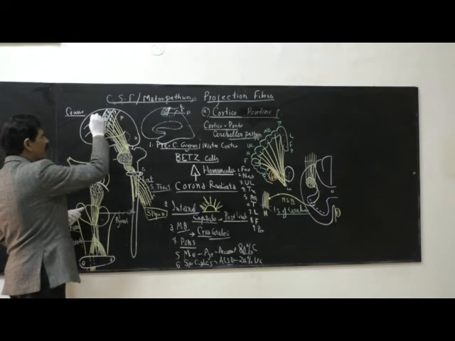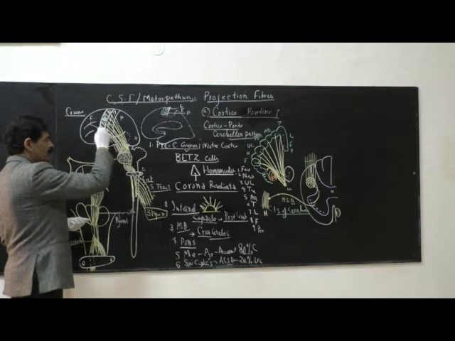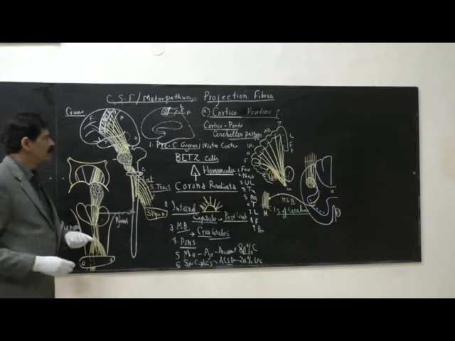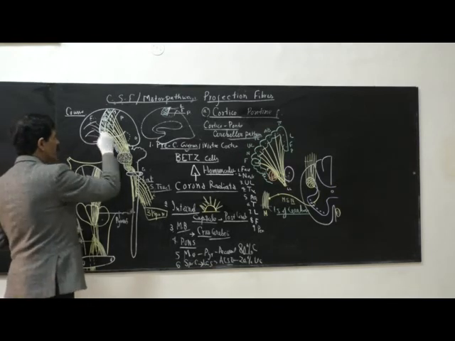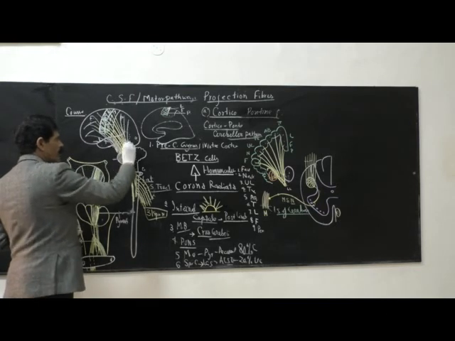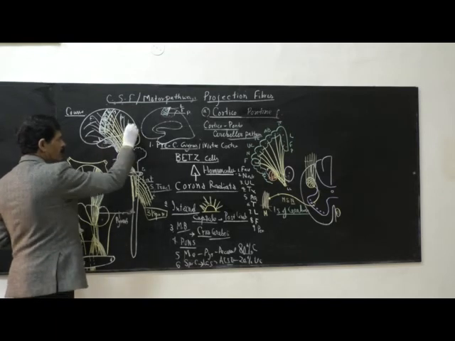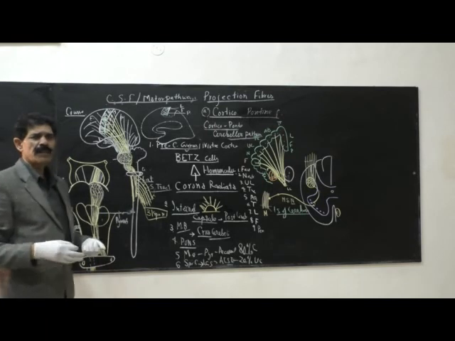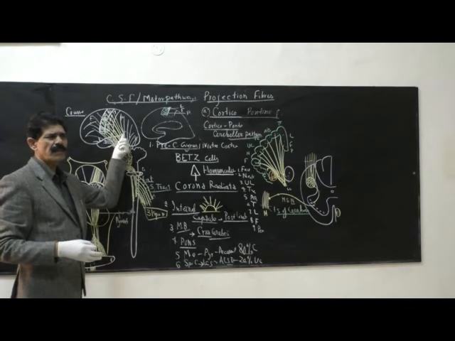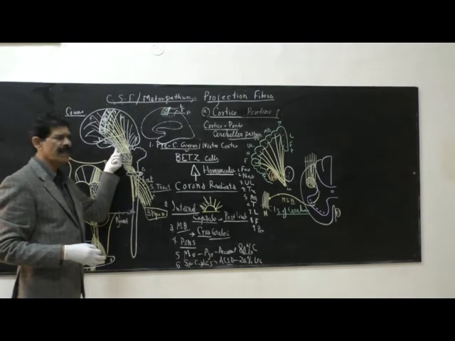So the cells lying here also give rise to nerve fibers. They also come out of the cerebrum and descend. From the frontal lobe, from different areas, from the parietal lobe, from the occipital lobe, and from the temporal lobe, the axons or nerve fibers descend downward along with the corona radiata and the crus cerebri.